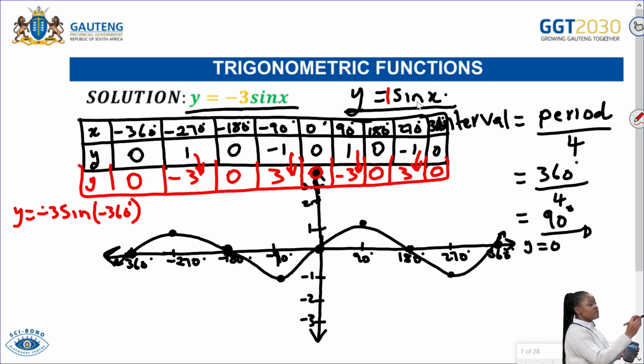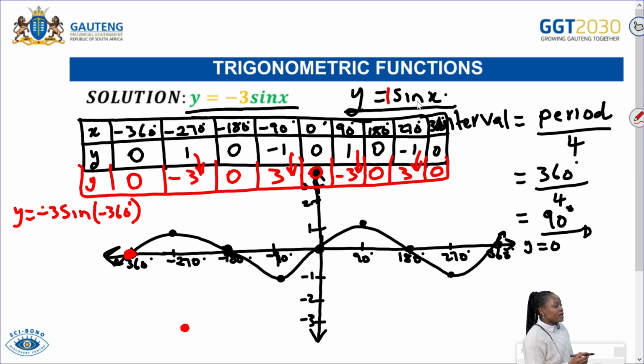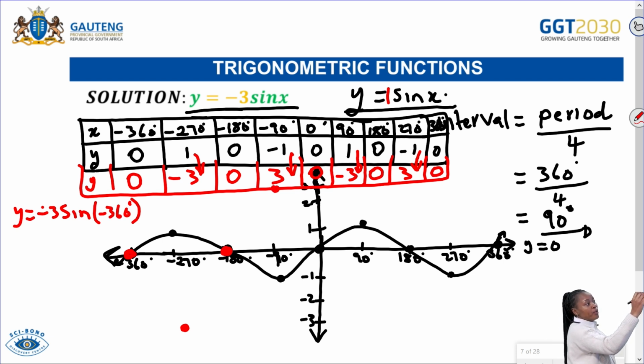So at negative 360, I'm still going to have 0 for y. At negative 270, I am still going to have negative 3. And then at negative 180, I'll have y at 0. And then at negative 90, I'll now have the point at y is equal to 3.